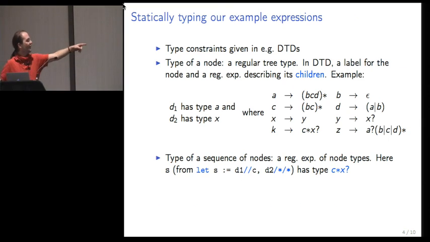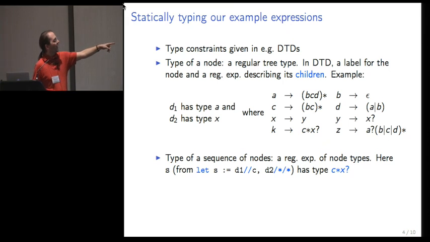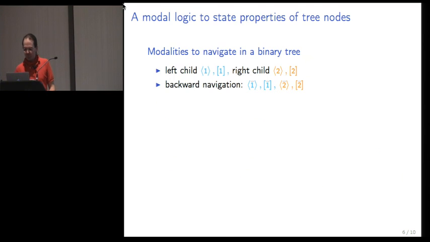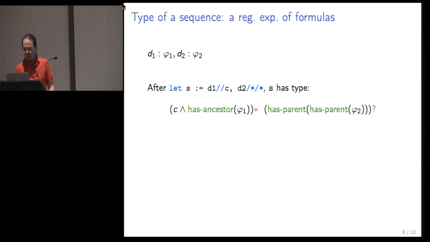Here, the type of S is C star X question, because from D1, I take all children named C. Then you give a more precise type. So this second question mark, optional, should it be star instead?